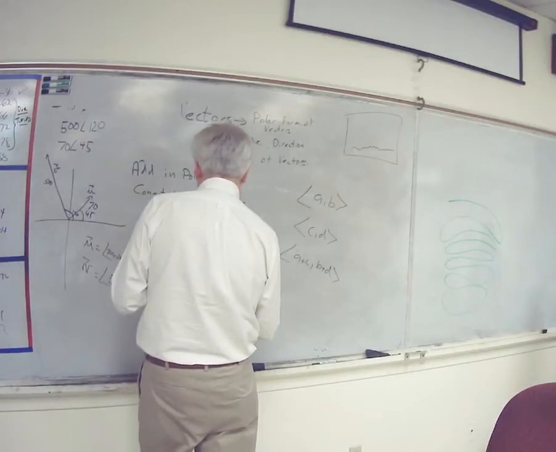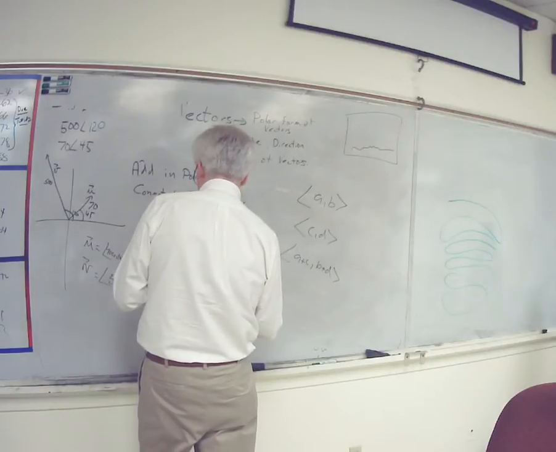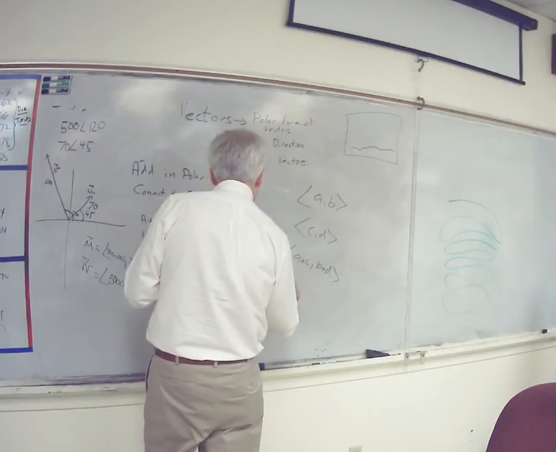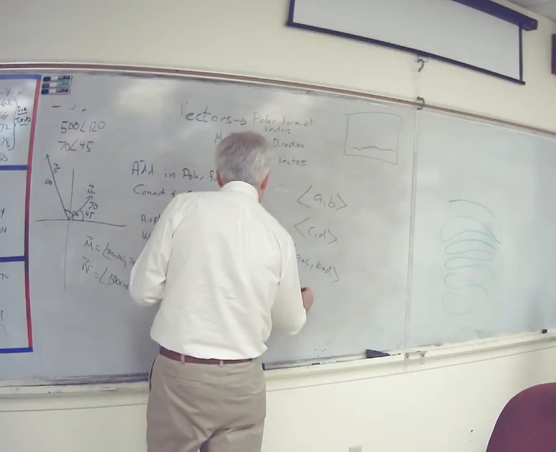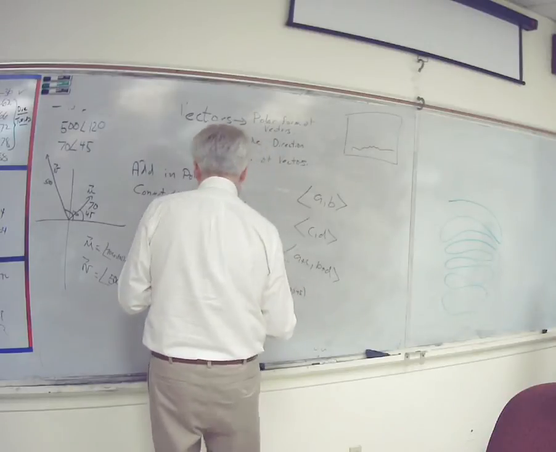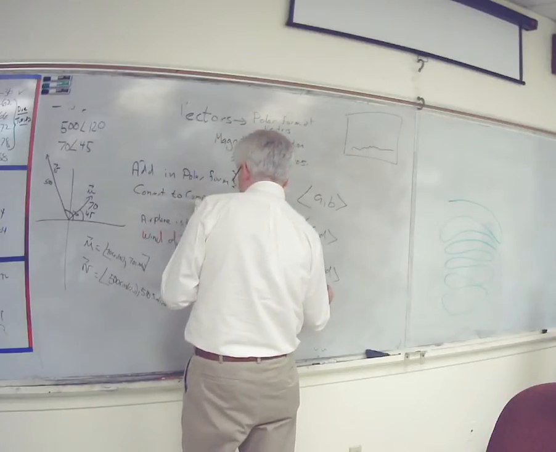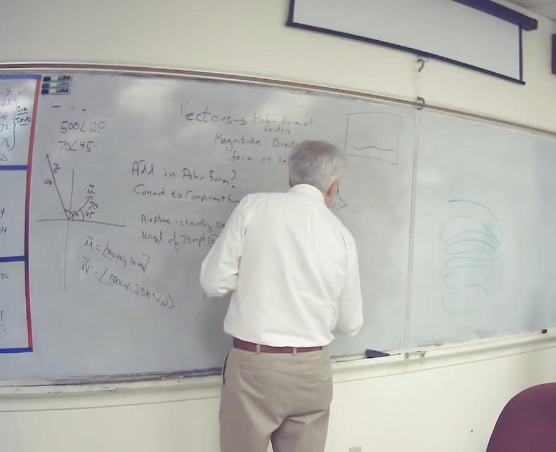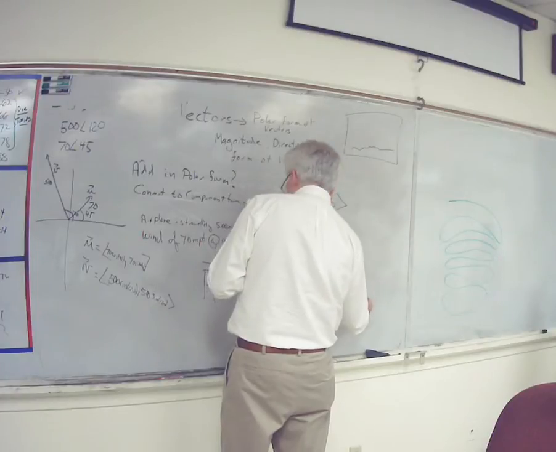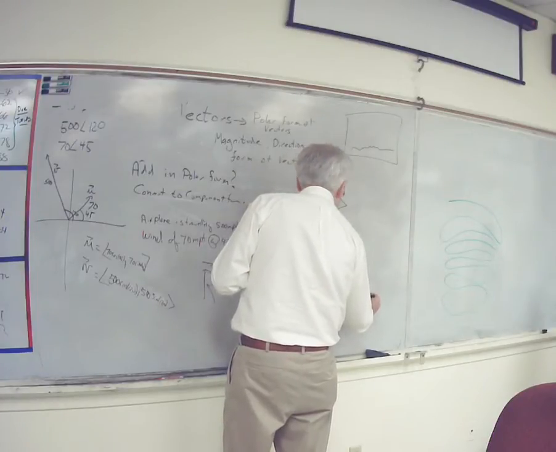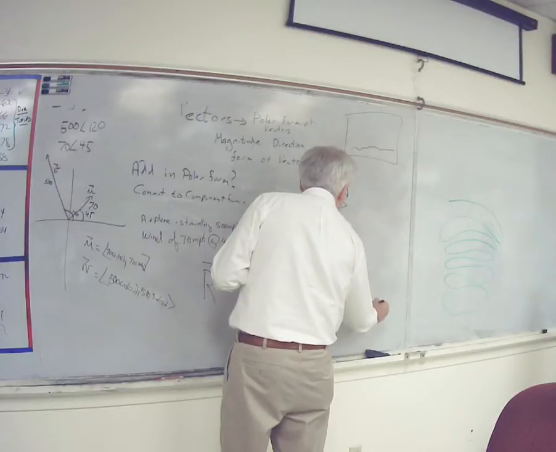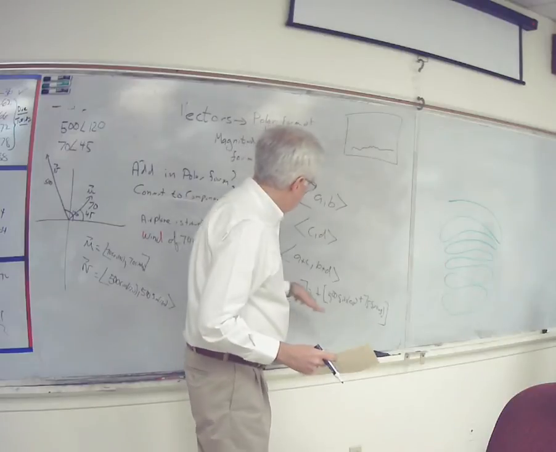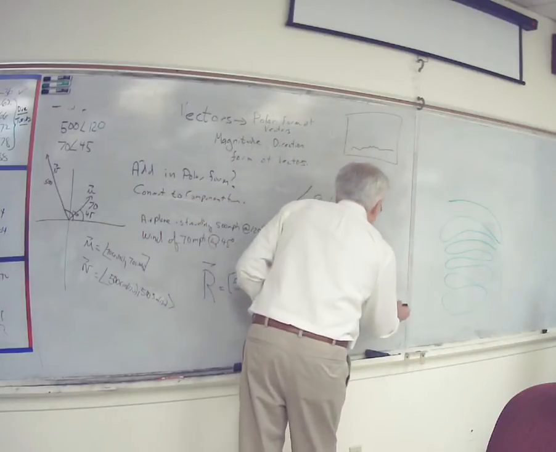So it would be equal to 500 cosine 120 plus 70 cosine of 45, and that's the I part, plus 500 sine of 120 plus 70 sine of 45, and this is the J direction.